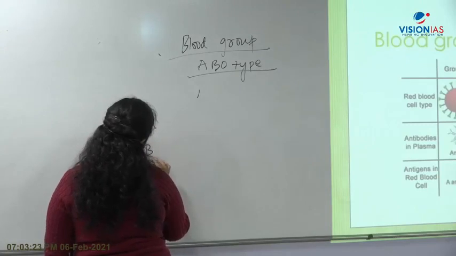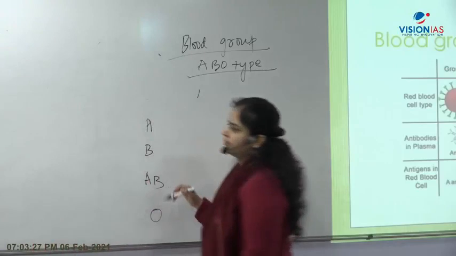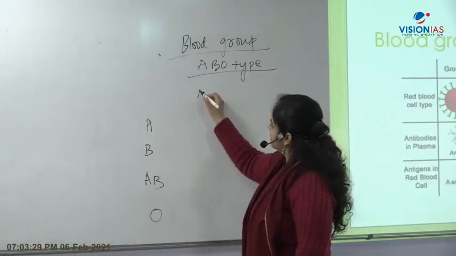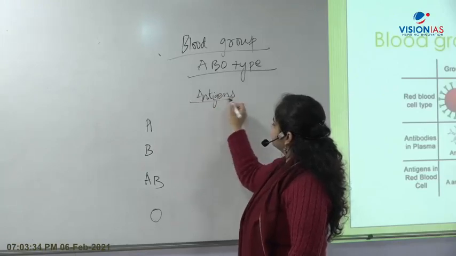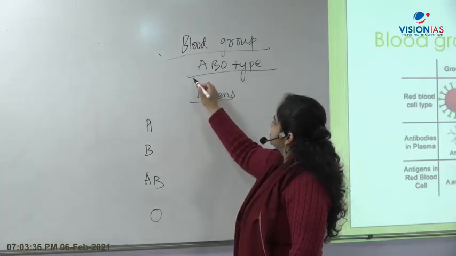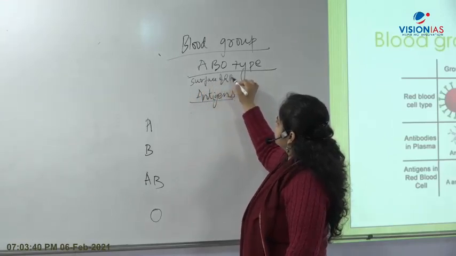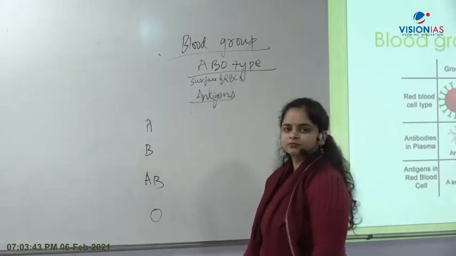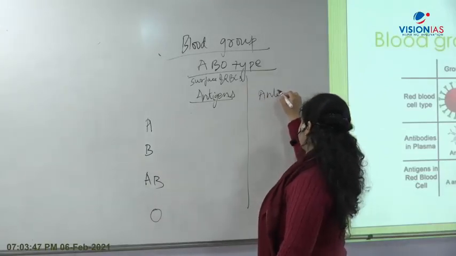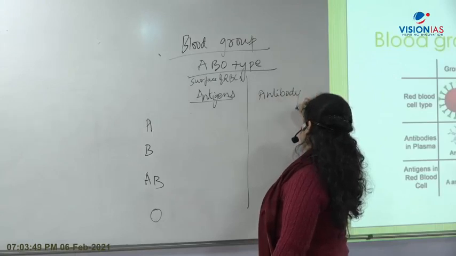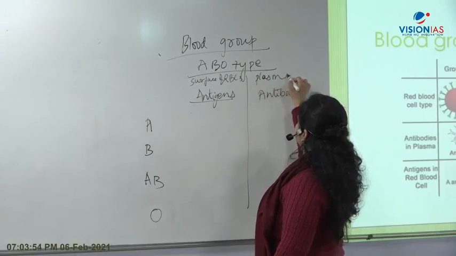A, B, AB and O, the 4 blood groups. They have antigens on the surface of red blood cells, and they have a capacity to produce antibodies which are released in the plasma.